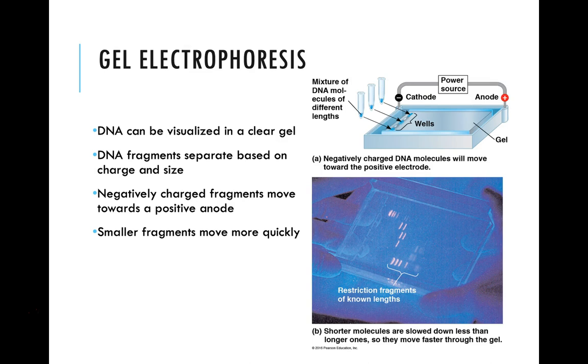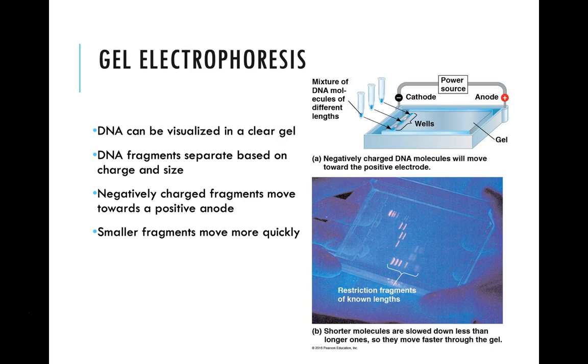One of the techniques that we use to analyze DNA is called gel electrophoresis. We can take a sample of DNA and cut it up using restriction enzymes to isolate the piece that we want, or we can just run it without cutting it, just to see what we have.